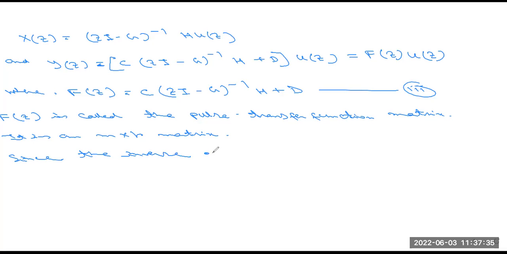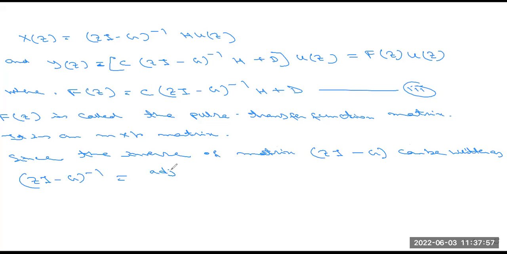So now the inverse of the matrix zI minus G can be written as (zI minus G) inverse, which is equal to adjoint of (zI minus G) divided by the determinant of (zI minus G).